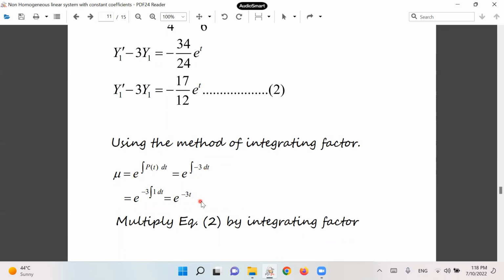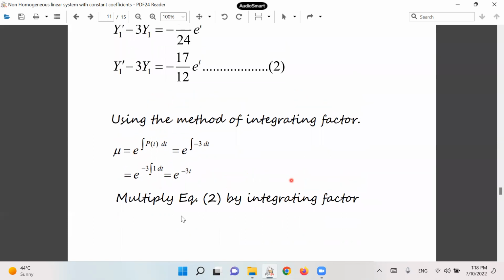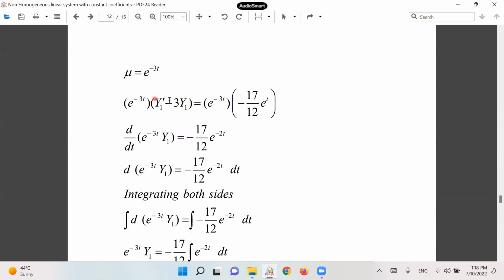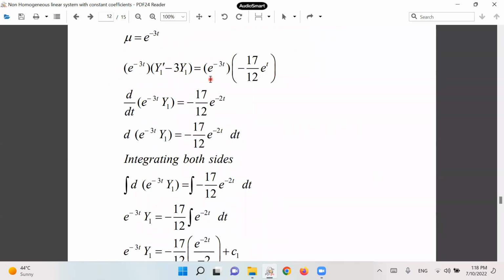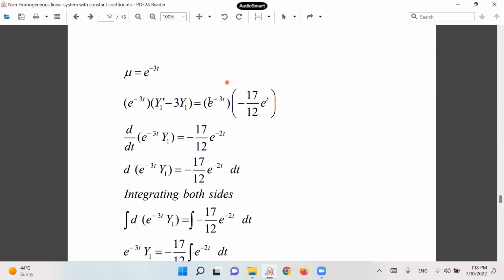So e power minus 3t is the integrating factor, and we have to multiply this integrating factor with this equation too. When we multiply this, e power minus 3t, multiply both sides by the integrating factor.